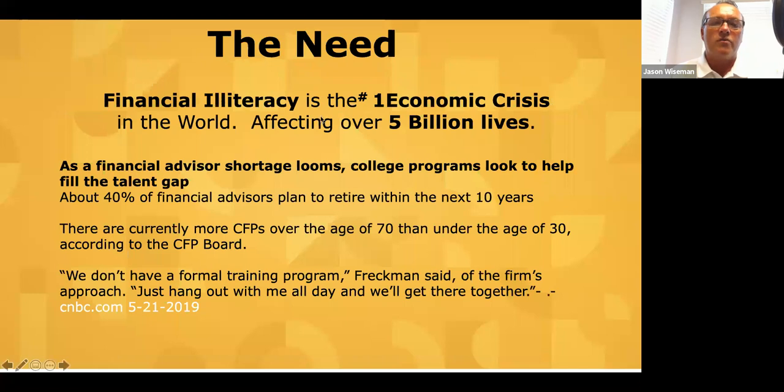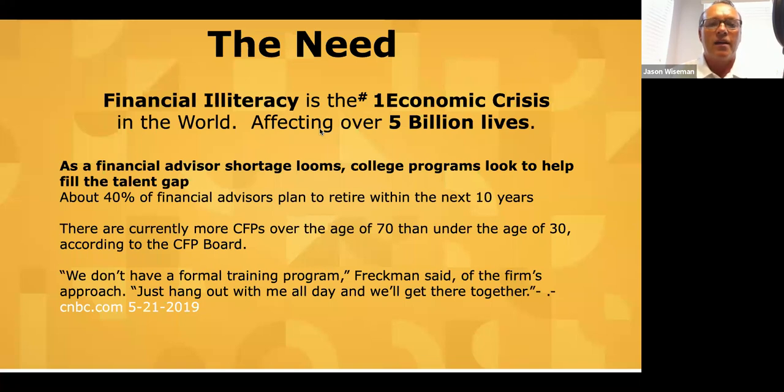So with that, let me talk about financial literacy just for a minute, because that's our core mission: to stamp out financial illiteracy in the United States. It's the number one economic crisis in the world. It affects 5 billion people.